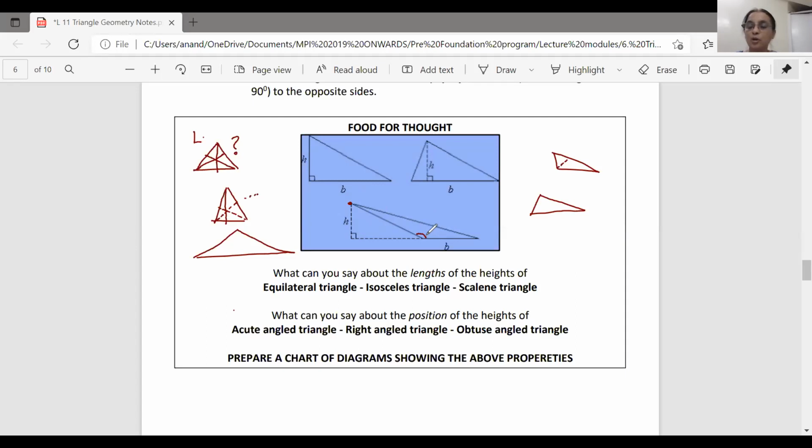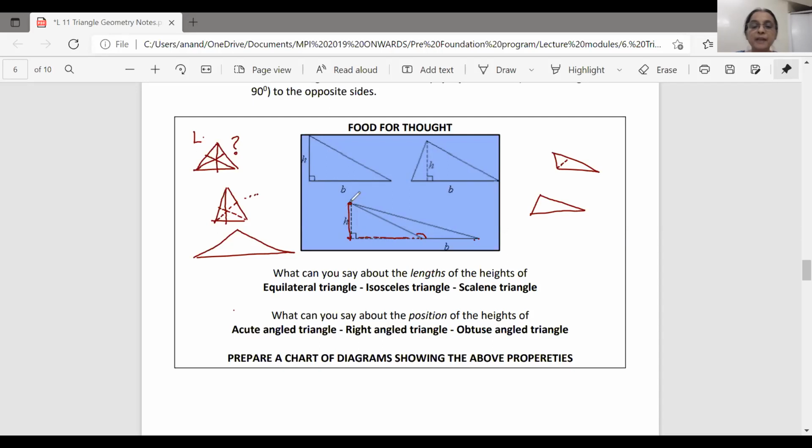No. So when it is an obtuse angled triangle, see that the height of the triangle at the obtuse angle is outside the triangle. This particular line is perpendicular to the base, but the extended base.